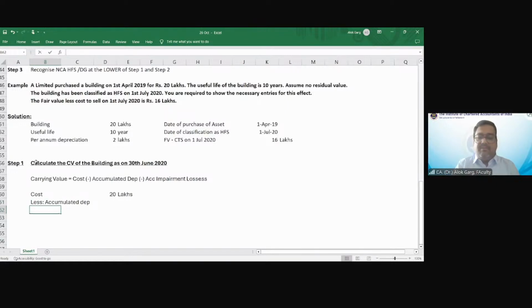First of all, I'll compute the depreciation for 2019-20. What is the depreciation for 2019-20? 2 lakh. What is the depreciation for 2020-21, 3 months? 50,000.